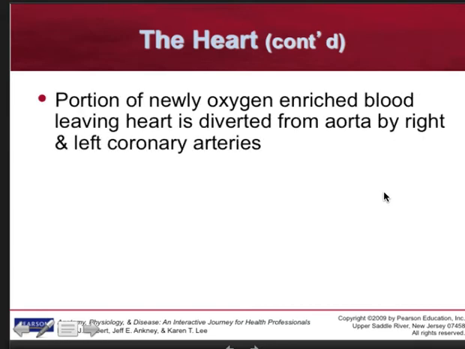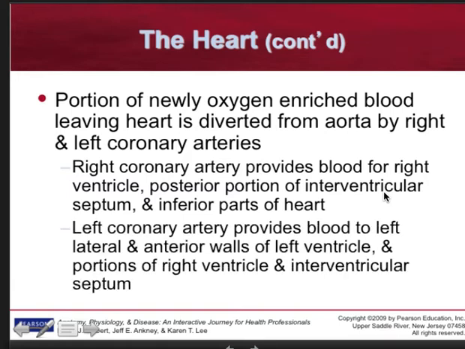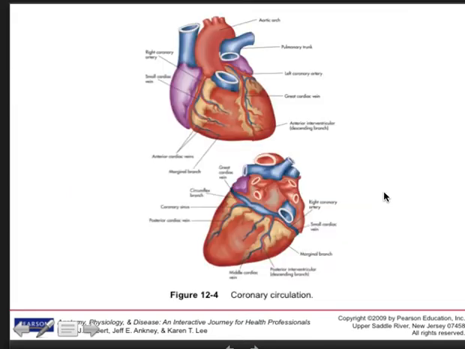A portion of the newly oxygen-enriched blood also enters the right coronary artery and provides blood for the right ventricle and the posterior portion of the interventricular septum and the inferior parts of the heart. The left coronary artery provides blood to the left lateral and anterior walls of the ventricle and portions of the right ventricle and interventricular septum.